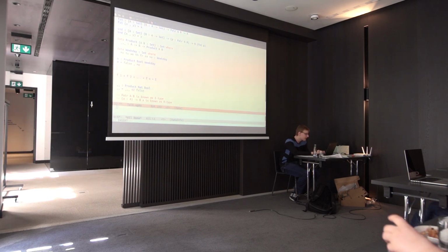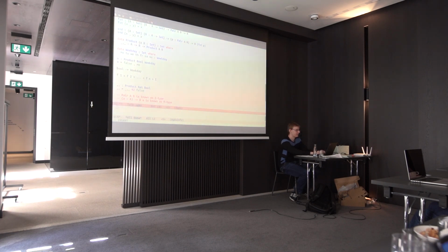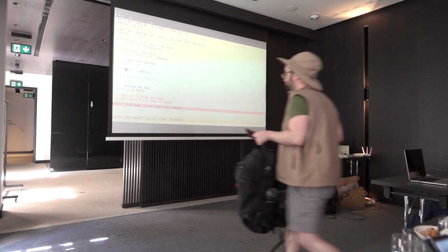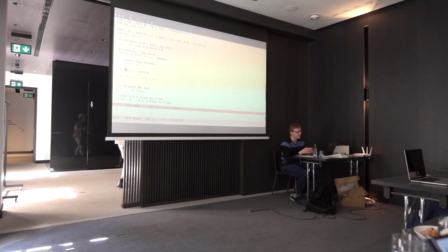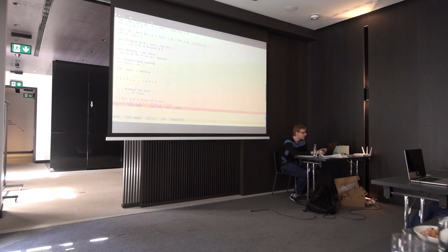well, how many are there functions of type bool to weekday? There are 49, because such a function is like two different values, right? You need to specify what is its output on the false value and what is the output on the true value.